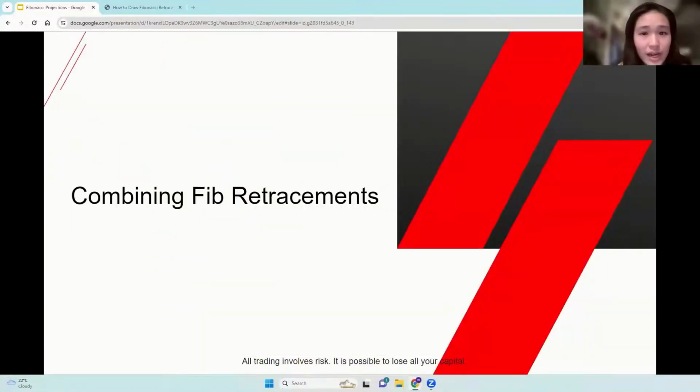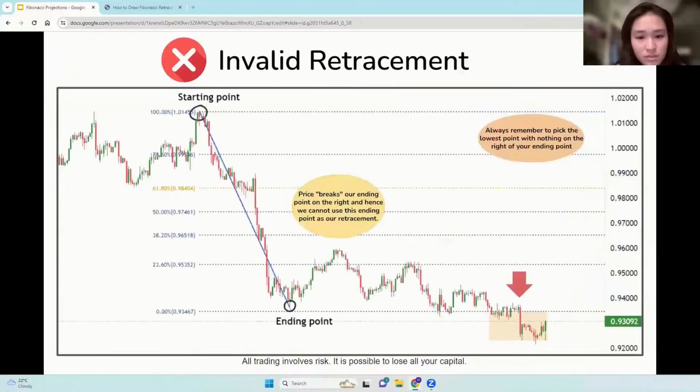Okay, now let's look at how we can combine all of the retracements and the projections that we've learned so far. I'll give you guys an example of buying.